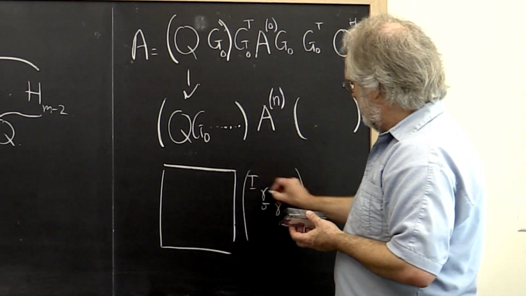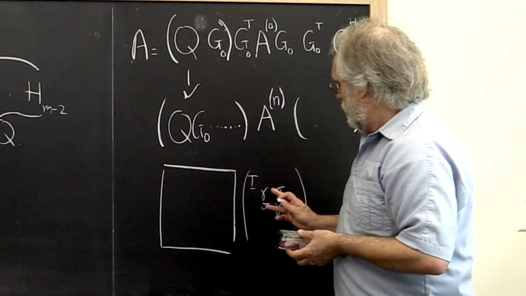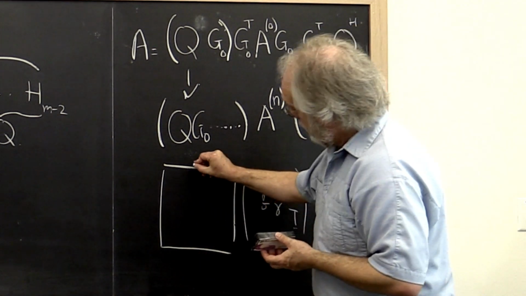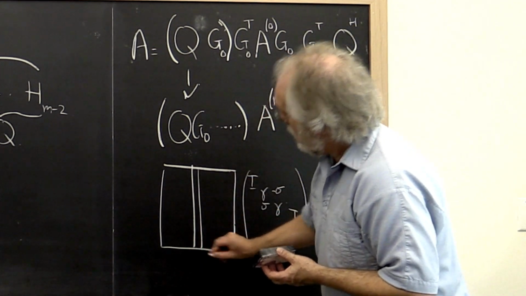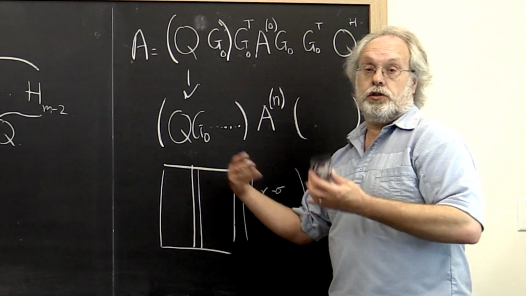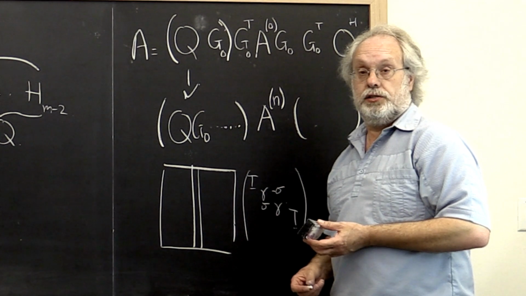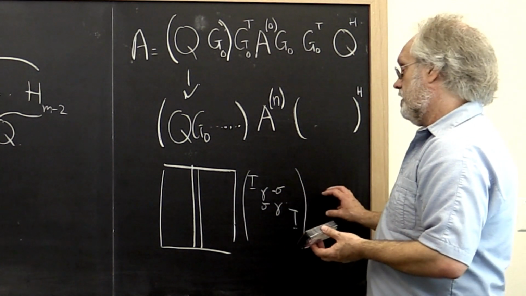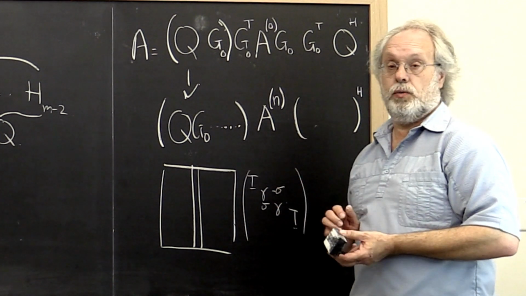The rest of this is just the identity. And what you notice is that this particular Givens rotation only affects the corresponding two columns in the matrix in which you're accumulating the eigenvectors.